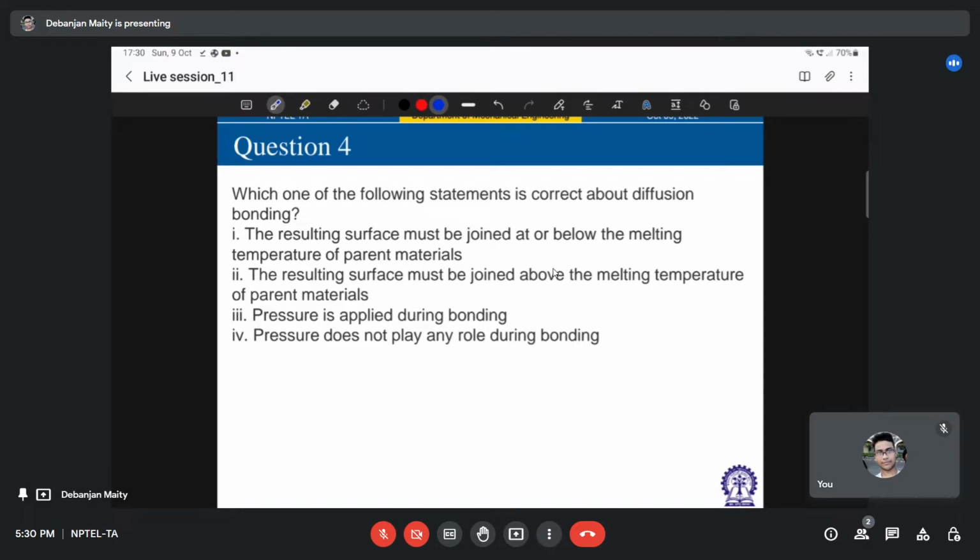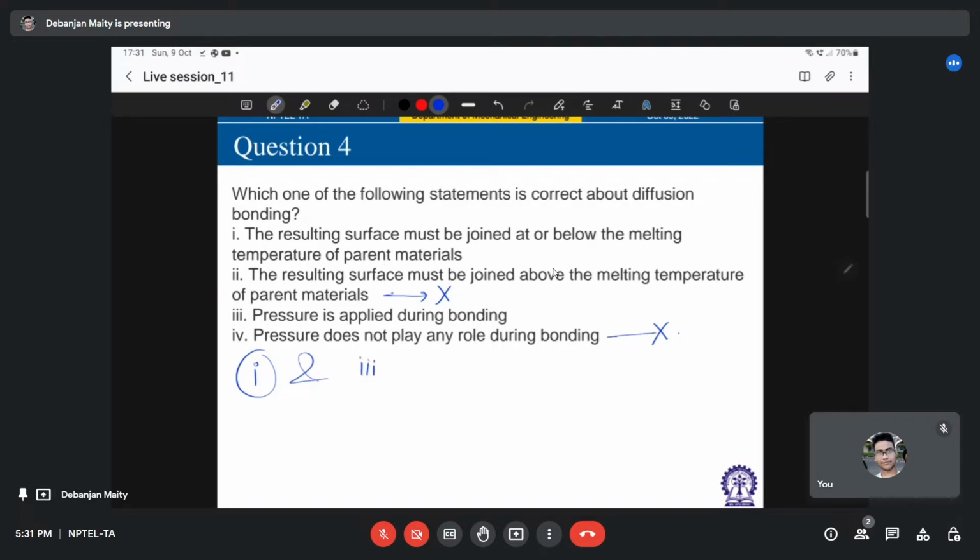Second statement says the resulting surface must be joined above the melting temperature of the parent materials. Of course, this is not right. Pressure is applied during bonding. Pressure does not play any role during bonding. Of course, pressure plays an important role in diffusion bonding. So, statement one and statement three are correct, right?